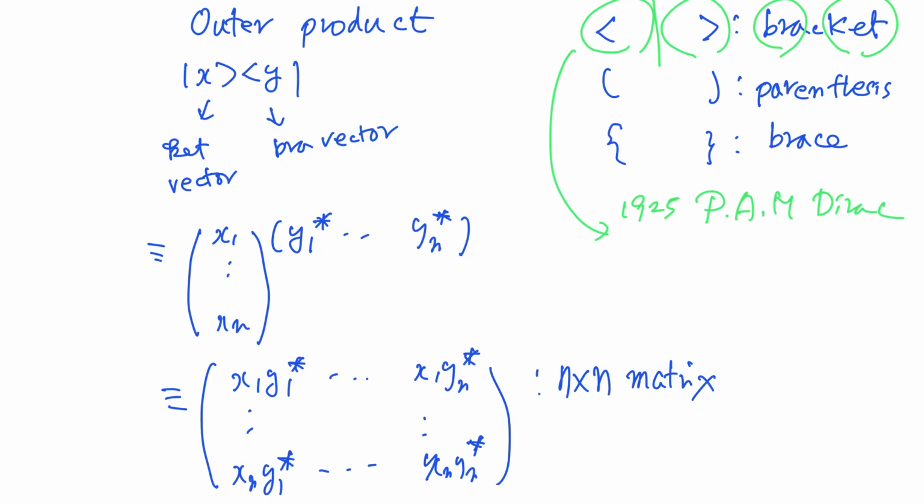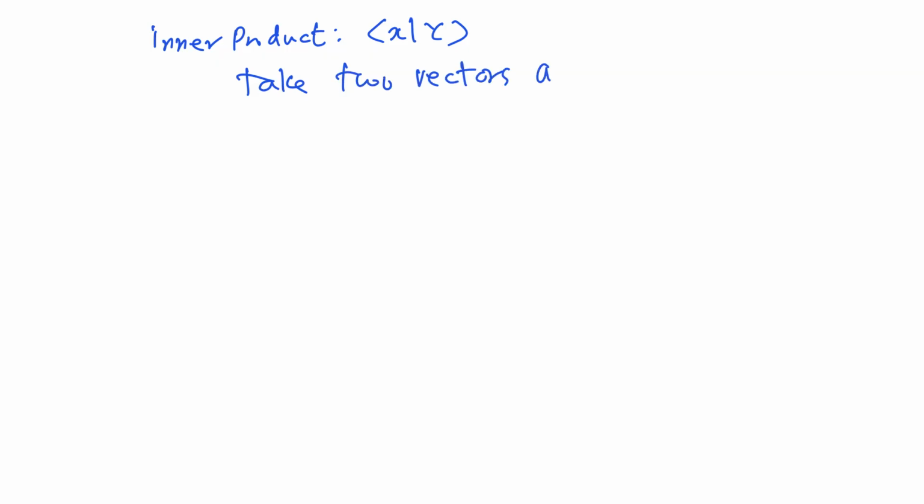Okay, so inner product, which is x, y: take two vectors and produce a scalar.